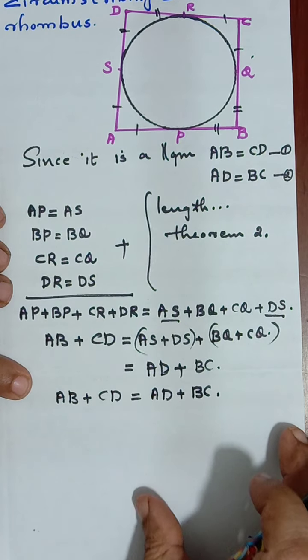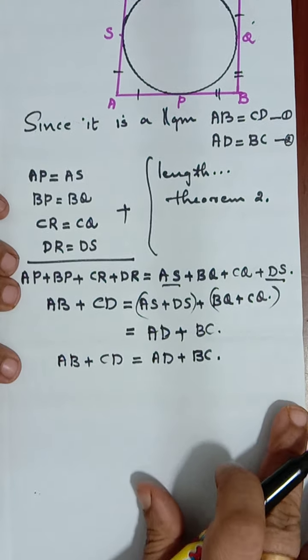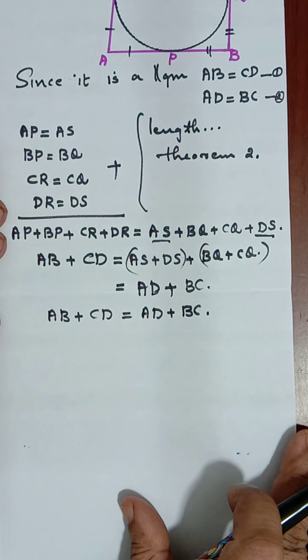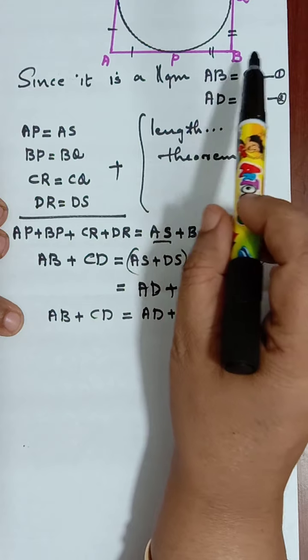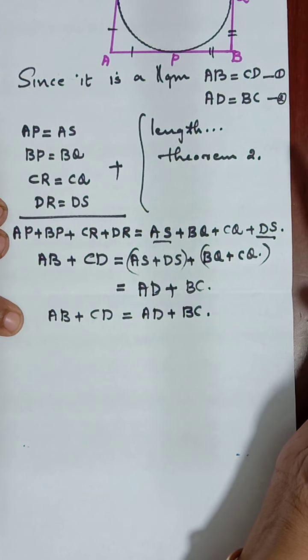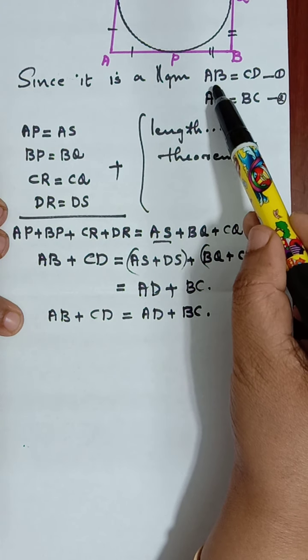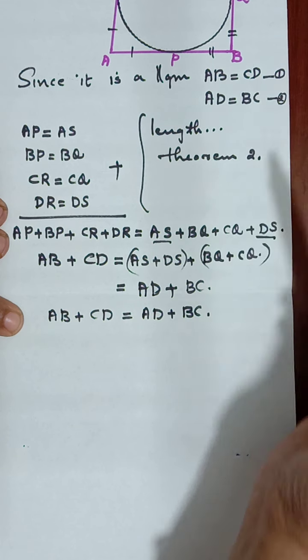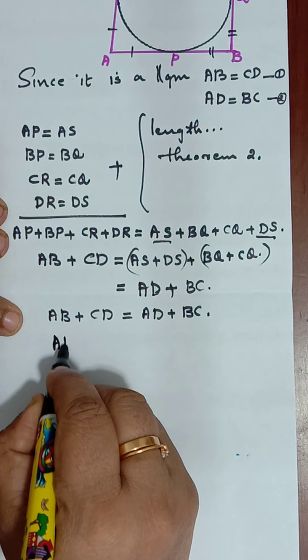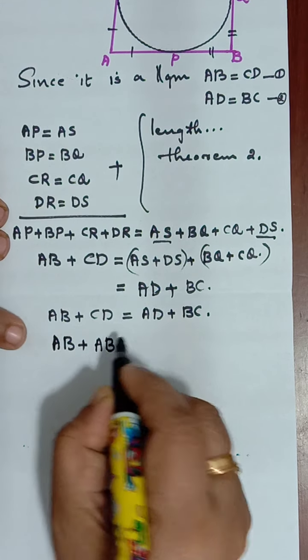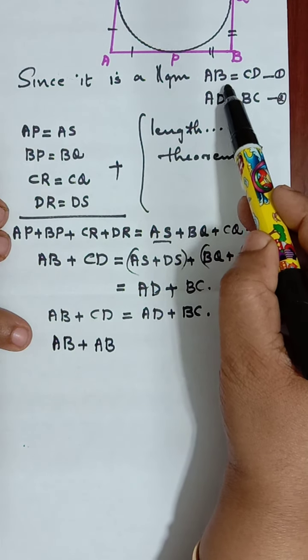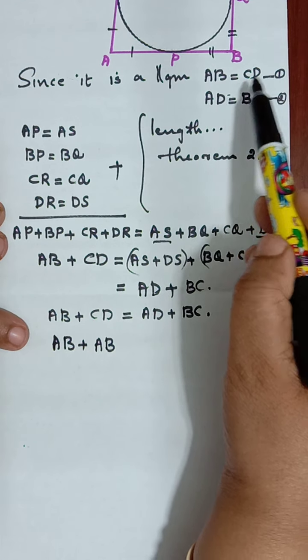What are we going to do in the next step? Here we have to say that the adjacent sides are equal. In the first one, AB is equal to CD, we know. So let us write AB plus, instead of CD, I'll write AB itself from the first equation, AB equal to CD.